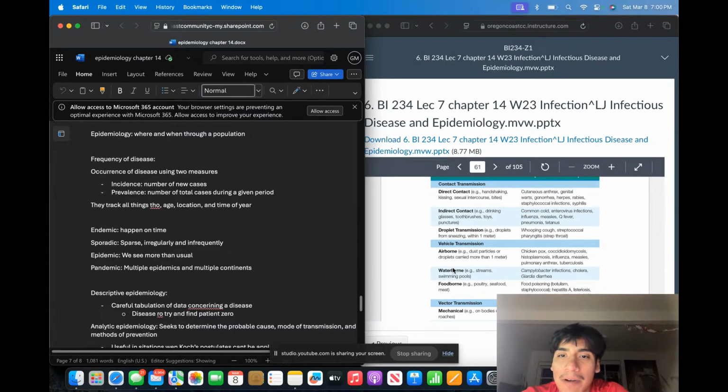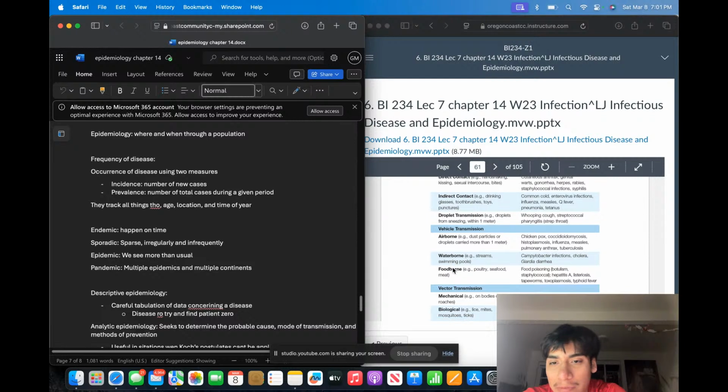Direct contact would be like kissing and bites. Indirect contact, drinking from the same glass, playing with the same toy, and getting cut. Droplet transmission would be like sneezing.